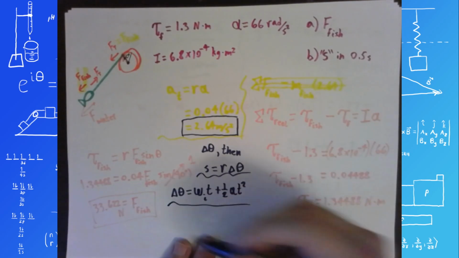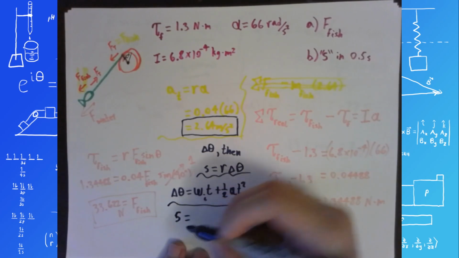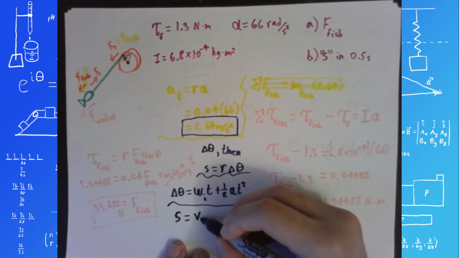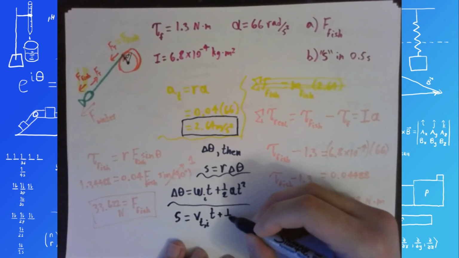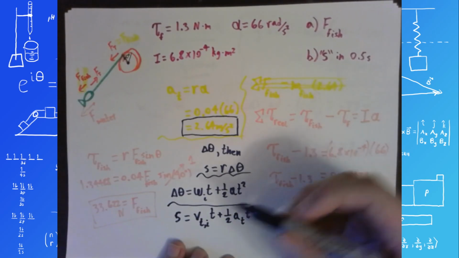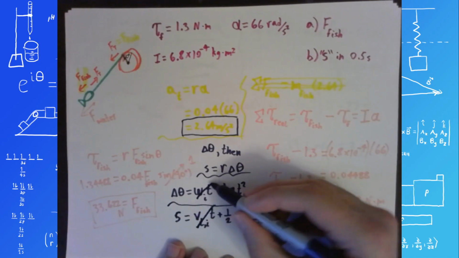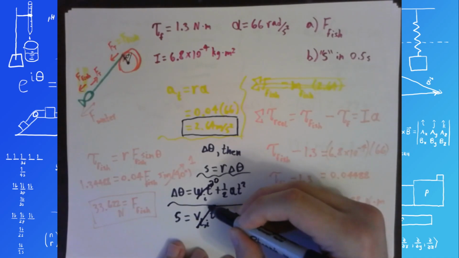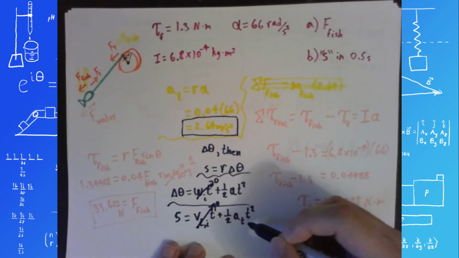Or you could use S is equal to v tangential initial times t plus 1/2 acceleration tangential times t squared. V tangential initial, of course, is going to be 0 as well. So both of those are zeros. I might as well write them in there. I already calculated the tangential acceleration, so I'm going to go with this one.